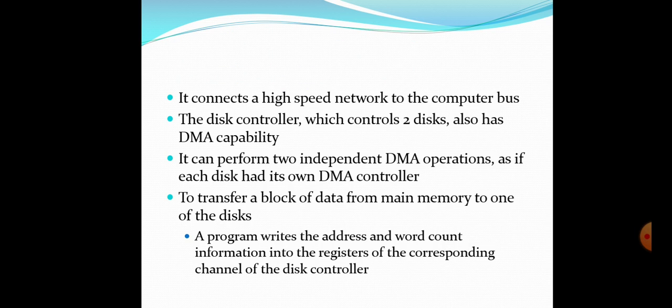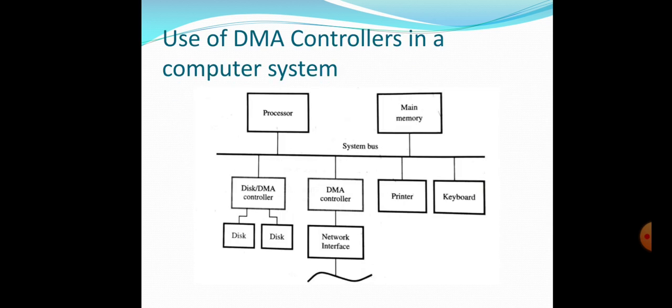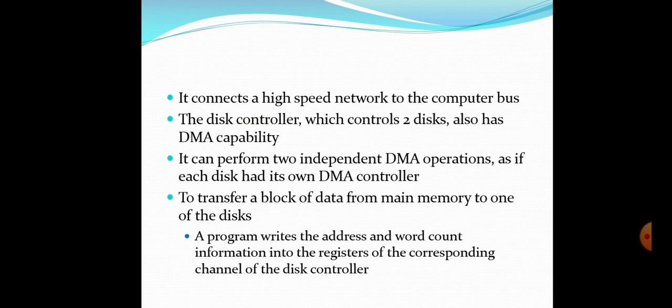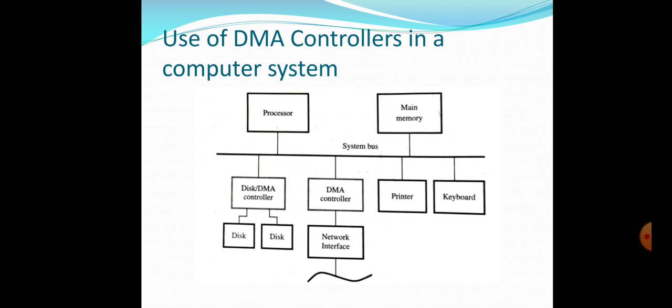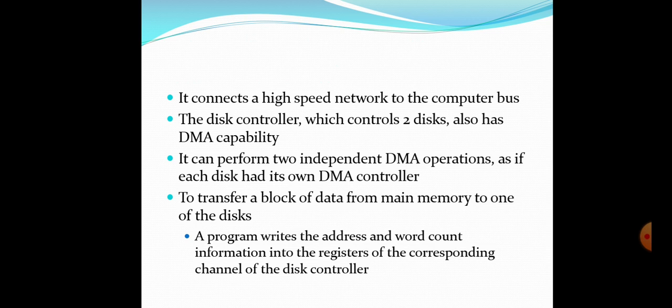It is clear from this diagram that the network interface is connected to the system bus through a DMA controller. The disk controller, which controls two disks, also has DMA capability. It can perform two independent DMA operations as if each disk had its own DMA controller.